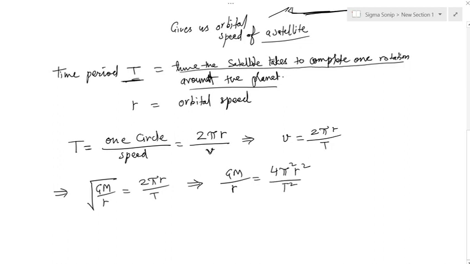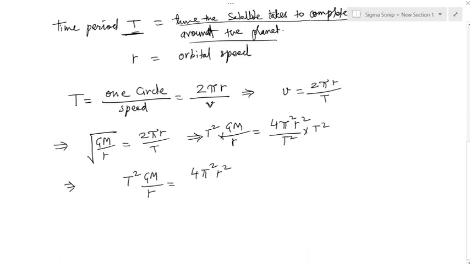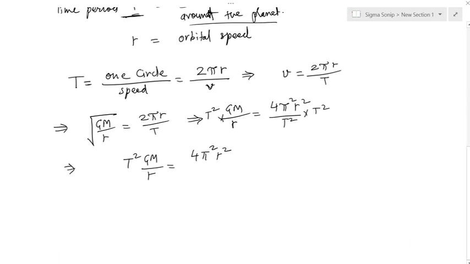I will reorganize it so that I have t square all by itself on one side. To do that, I multiply by t square on both sides. Then I get t square gm over r is equal to 4 pi square r square.